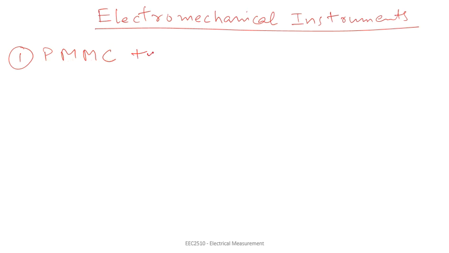Okay. So, we have to discuss some of the electromechanical instruments. The first one is the PMMC type instrument, which stands for permanent magnet moving coil type instrument.